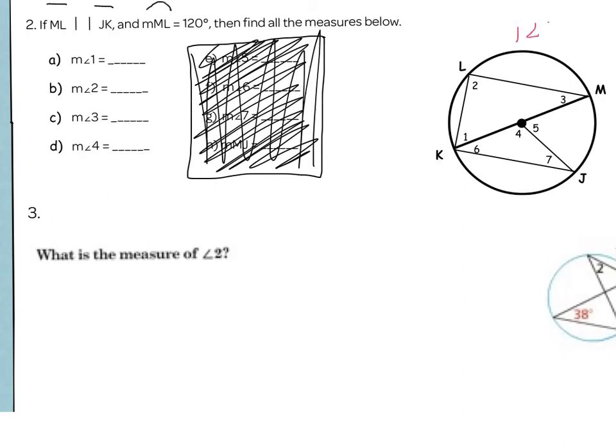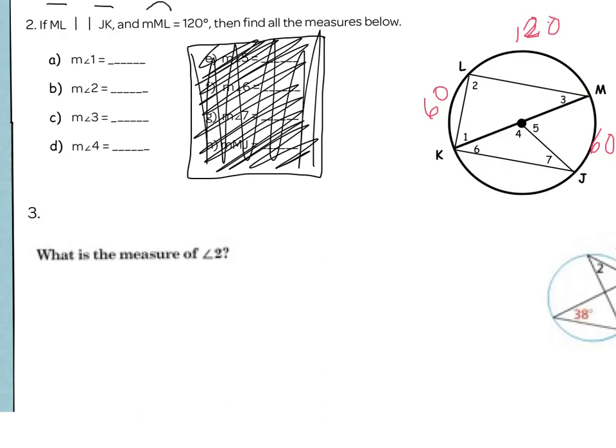We can fill in 120. We also know that arc LK here has to be 60 because it's part of the semicircle arc. Okay, and we know that LM and KJ are congruent chords, or they're parallel, so we can actually mark MJ to be 60 as well, because these are congruent arcs because these segments here are parallel.